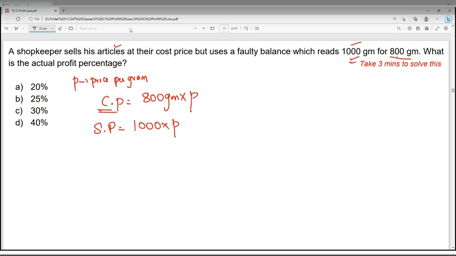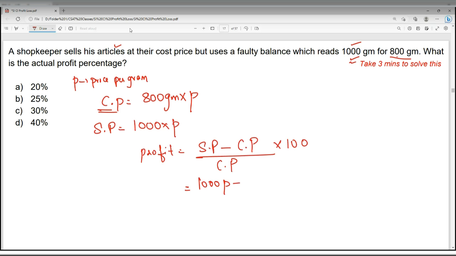And they are asking what is the actual profit percentage. So we know that profit percentage is selling price minus cost price divided by cost price into 100. Selling price is 1000P minus cost price 800P, divided by cost price 800P, into 100.